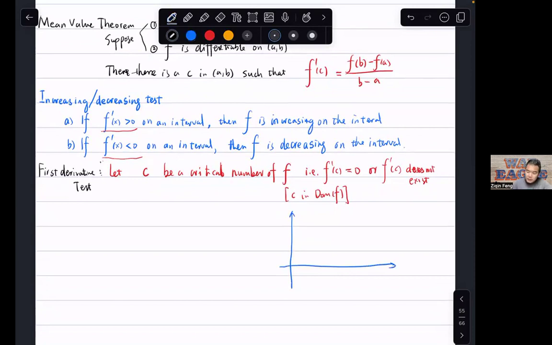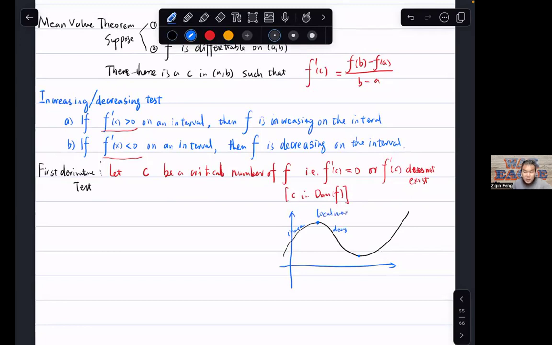Given a function like this, here is our first critical number, and the second critical number here. If the function is increasing on the left side and decreasing on the right side, then this is a local maximum value.